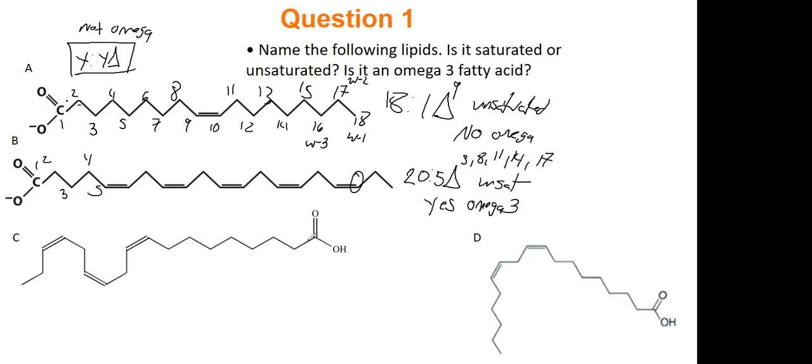Next one. Fatty acids don't always have to start from the left, right? This is carbon number 1. So make sure that you start from the carboxylic acid as your naming scheme.